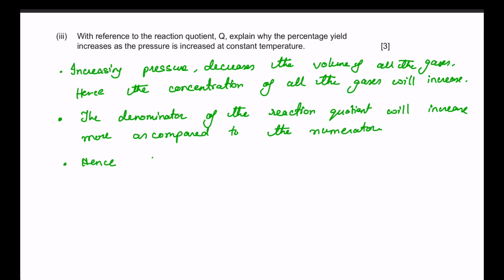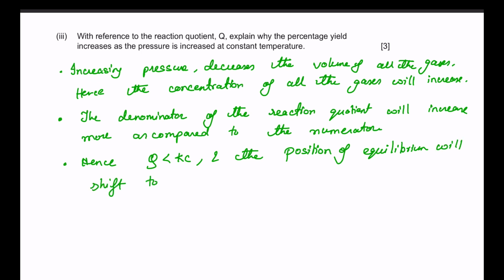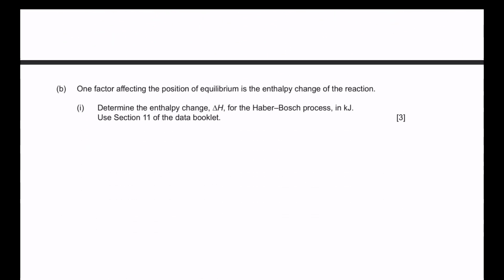Hence, Q will become less than Kc, and the equilibrium will shift to the right, forming more products. So that's literally all about this part. We can move to the next one.